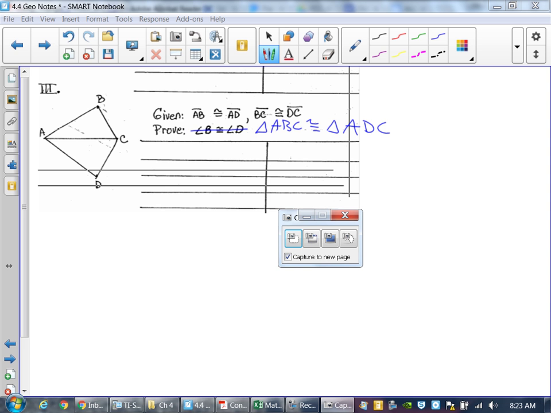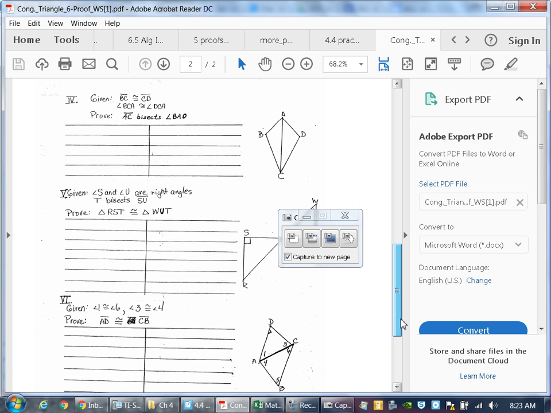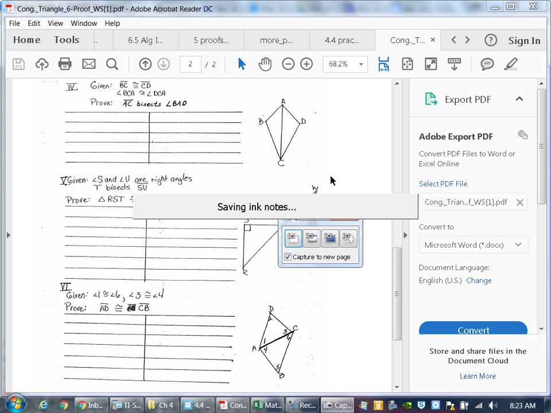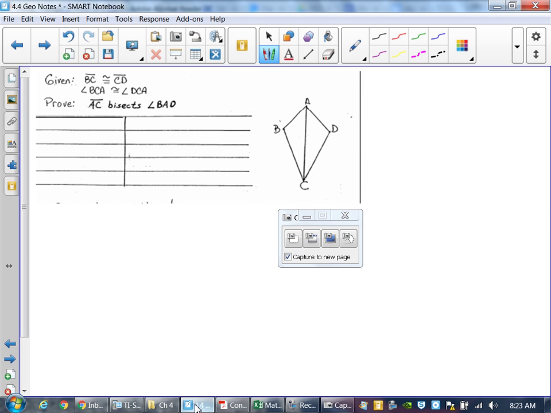Everybody got that okay? I'm gonna go to the other side. On the other side, on number 4, again, I want you to lightly cross that out. Gentlemen, same deal. ABC, ADC.